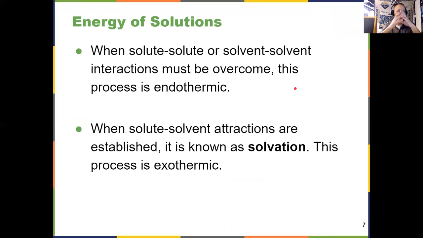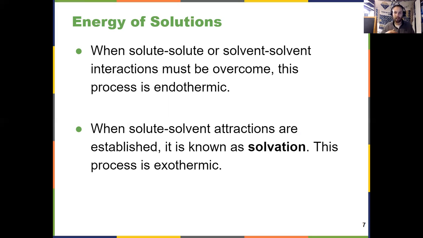Okay. Now, if we're forcing something to dissolve, we're forcing those interactions, those IMFs, to break apart in order for it to get distributed in the solution. All right, so that's endothermic, interrupting those IMFs. So in order for a solution to spontaneously form, right, the interactions between the solute and the solvent have to be stronger.